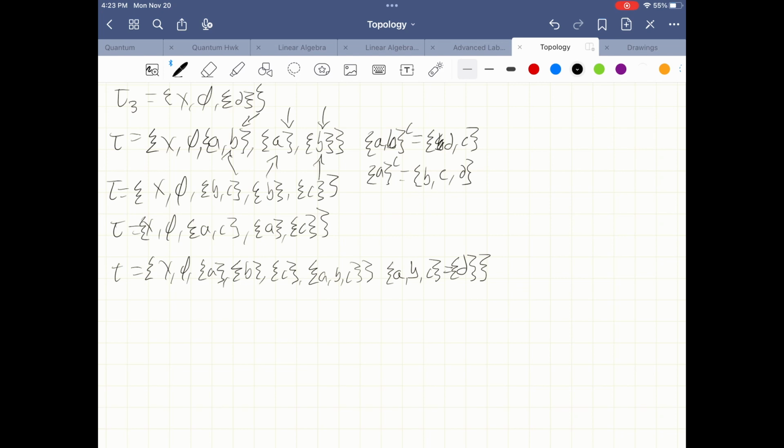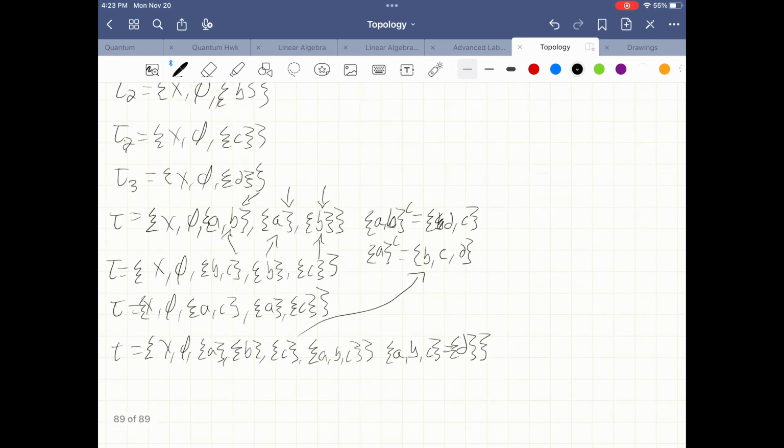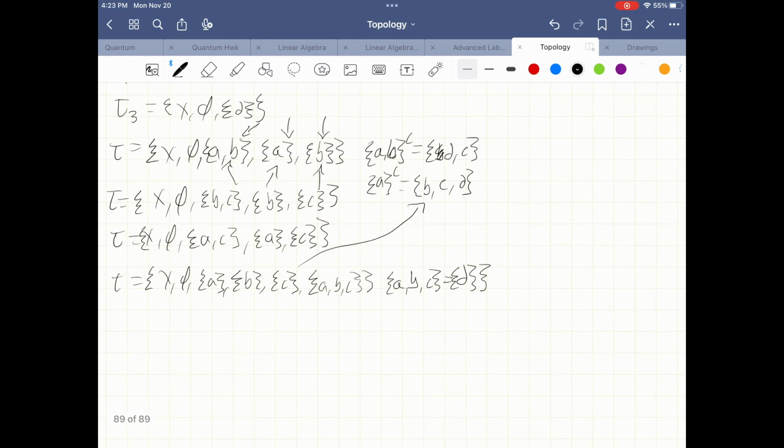We also see that the complement of any individual element is the same as this one.